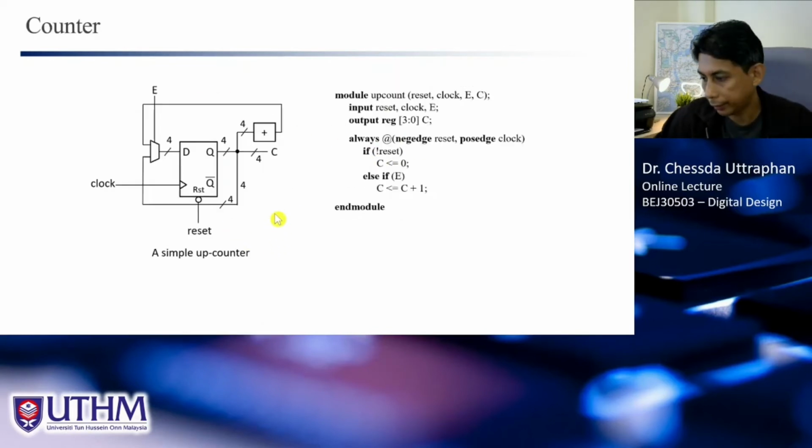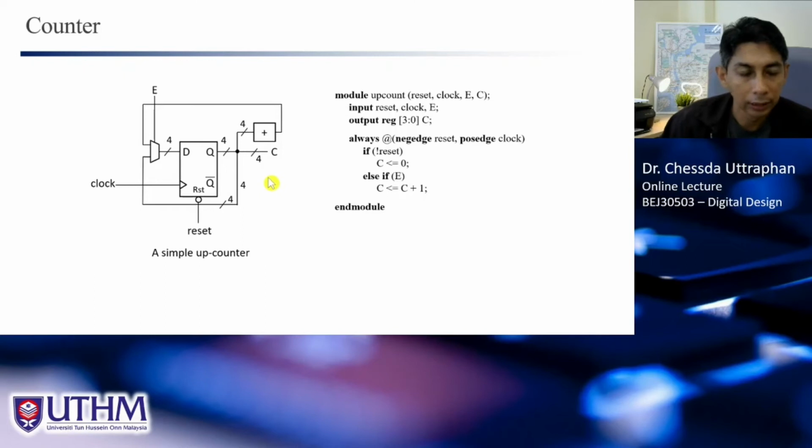Now we have the counter. How to design the counter using the register? So for example, we want to design a counter like this, where we have a 4-bit register here, and we have the adder here, and we write the code like this.